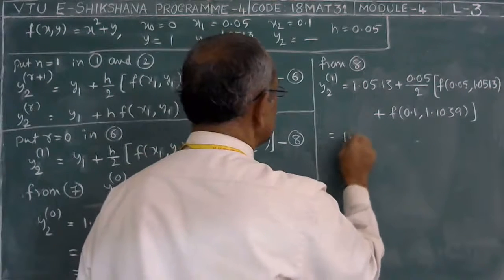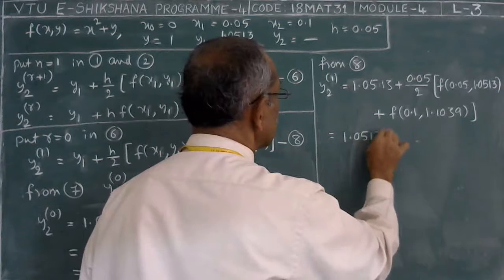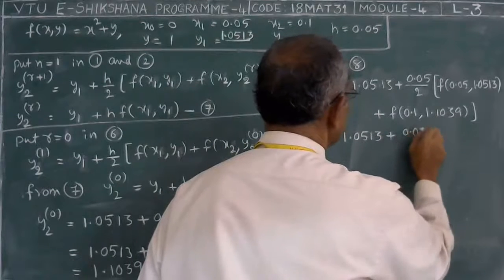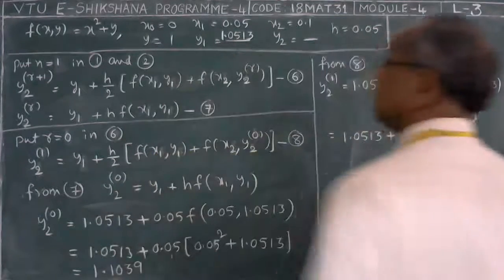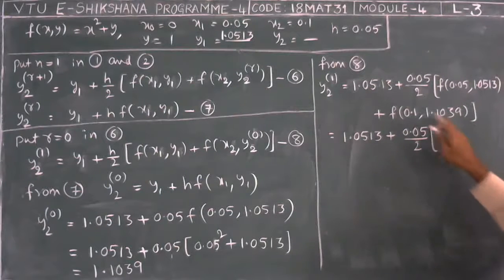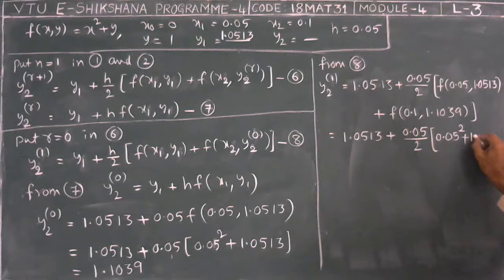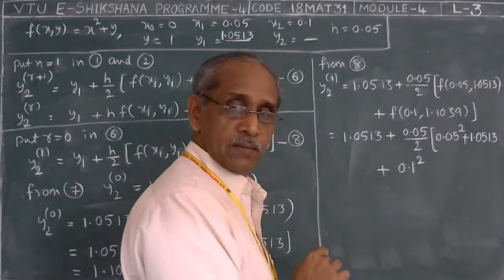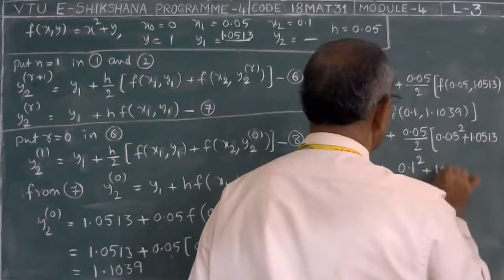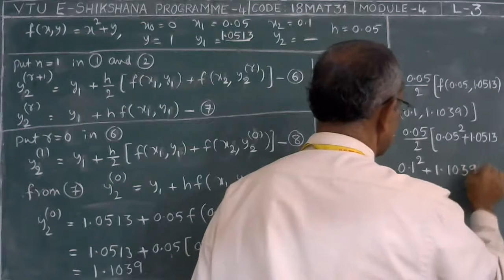Now apply the definition. So y21 is 1.0513 plus 0.05 divided by 2 into, f of x comma y being x square plus y, (0.05 whole square plus 1.0513) plus (0.1 square plus 1.1039).